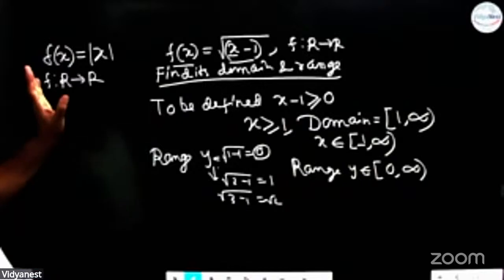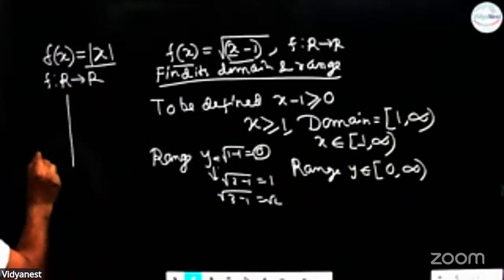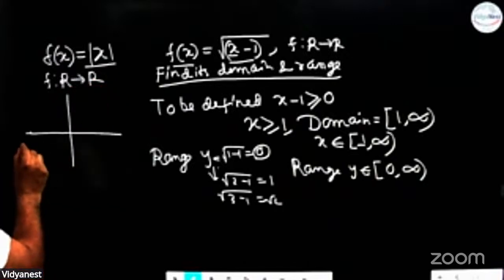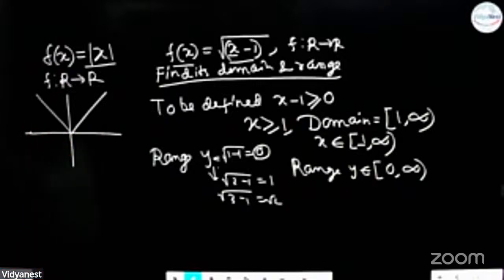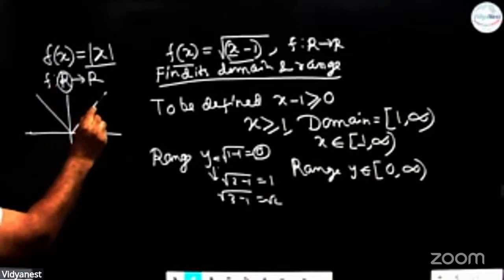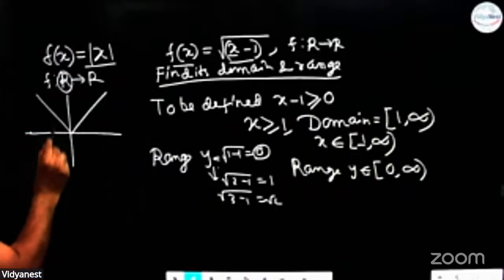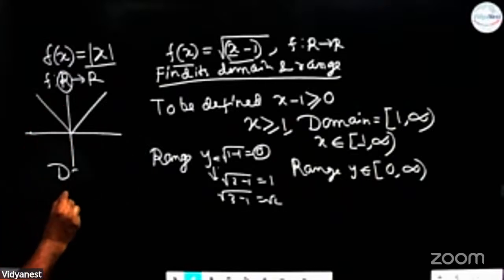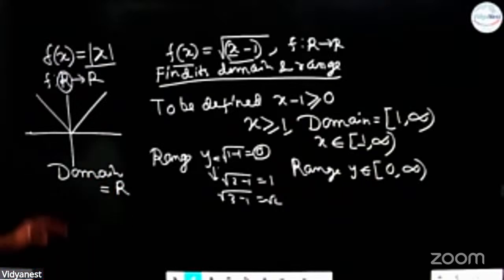See, you know the graphical presentation of mod that was taught in the last class, that V-shape. So for all real values of x, that V-shape will persist. Therefore, domain will be all real values. But what about range?